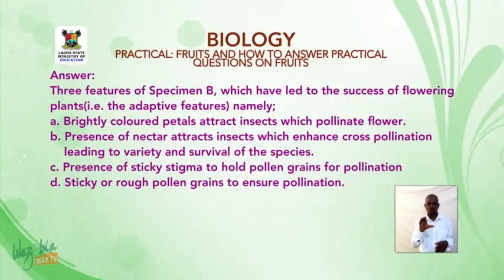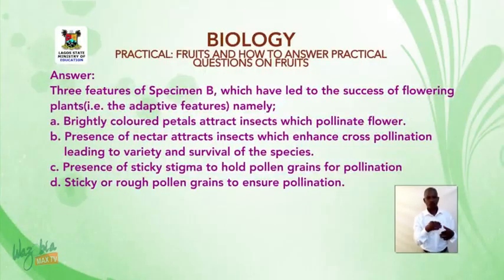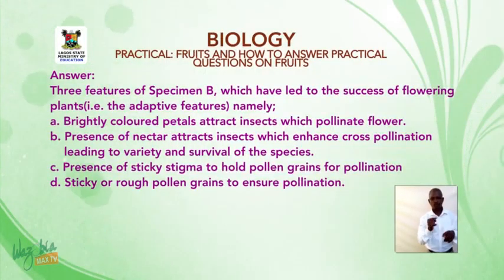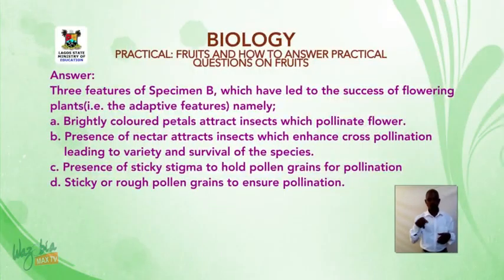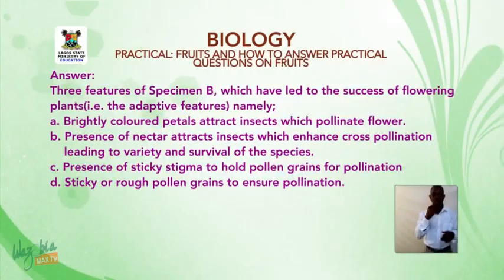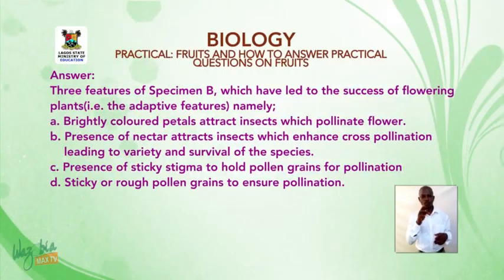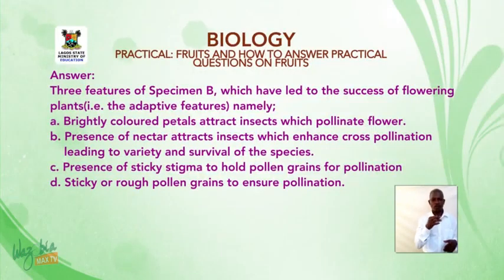Presence of nectar attracts insects which enhance cross-pollination, leading to variety and survival of the species. Presence of sticky stigma to hold pollen grains for pollination, and sticky or rough pollen grains to ensure pollination.